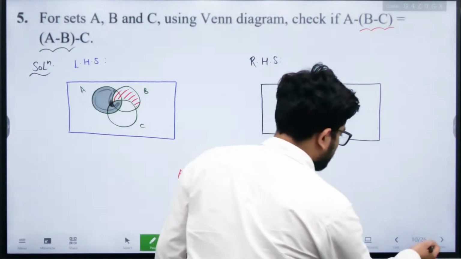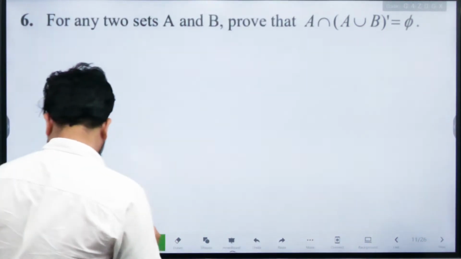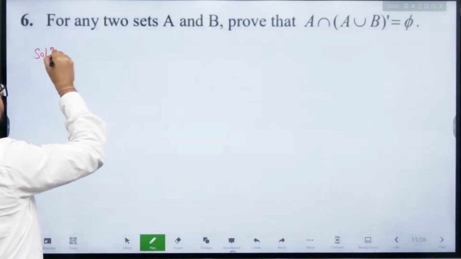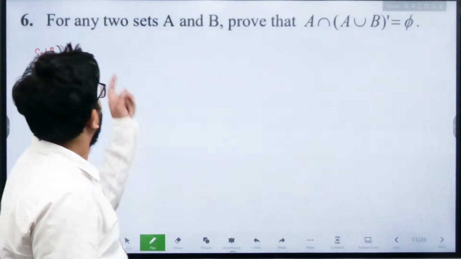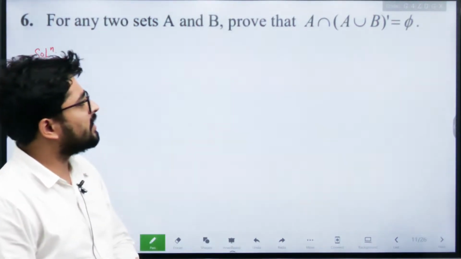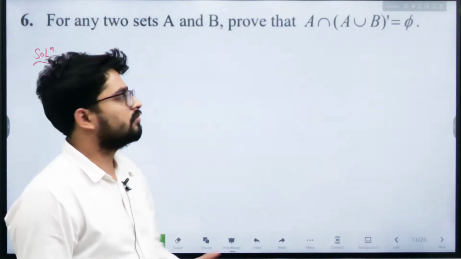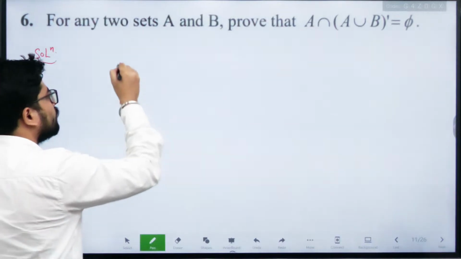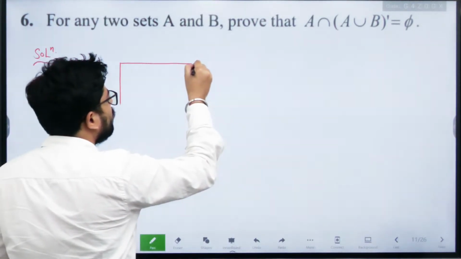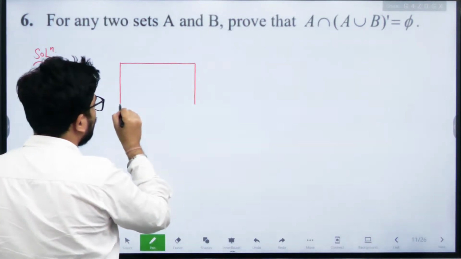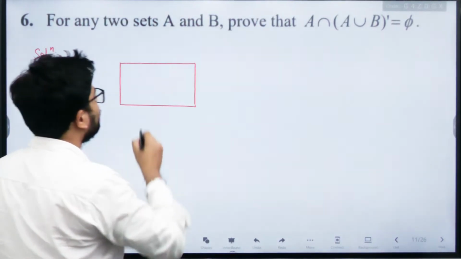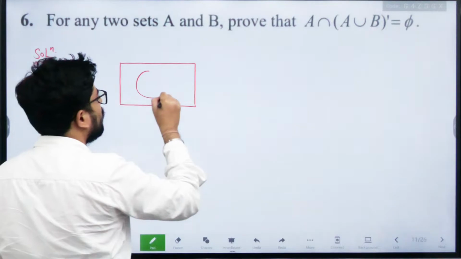Now the next question is: for any two sets A and B, prove that A intersection (A union B) dash is phi. So let's take the help of your Venn diagram. This is the universal set.